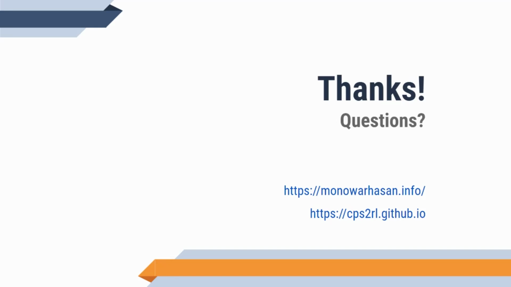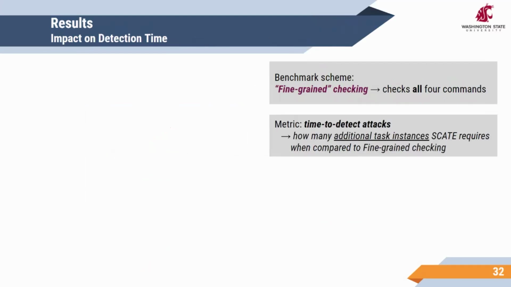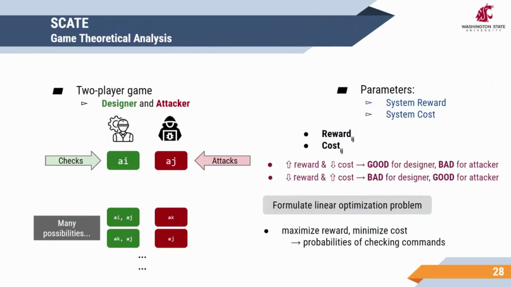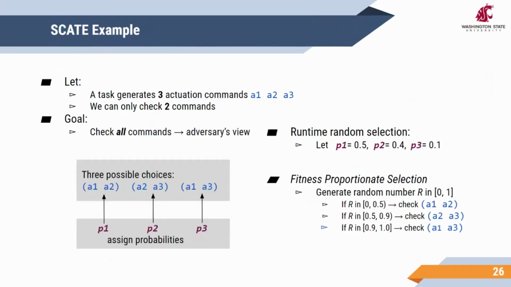I think there was a slide about assigning random numbers. Is that based on the probability? This one, right? Yes, those probabilities. This is just an example showing how we can, for instance, have three commands and only select two.